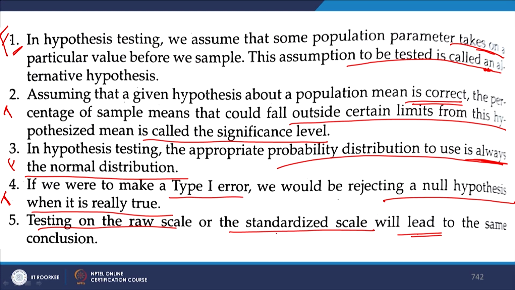Raw scale means the x values of that particular variable, and the standardized scale is nothing but the z values. So, what do you think? Yes, it will lead to the same conclusion, right. Let us move on to the next question.